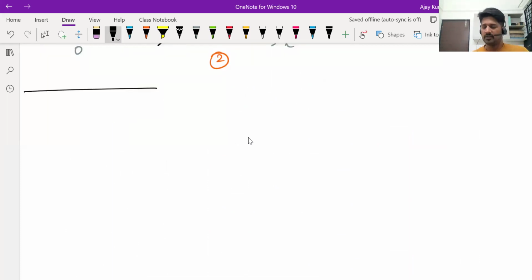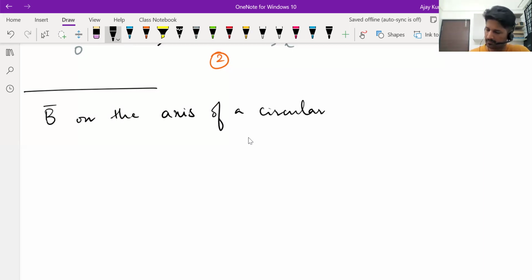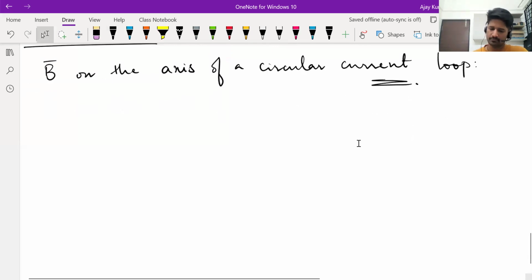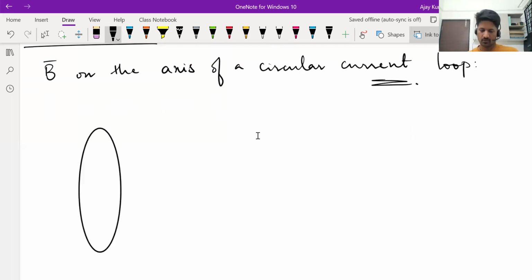Next, let us do one derivation: magnetic field on the axis of a circular current loop. Assume this is a loop carrying current.